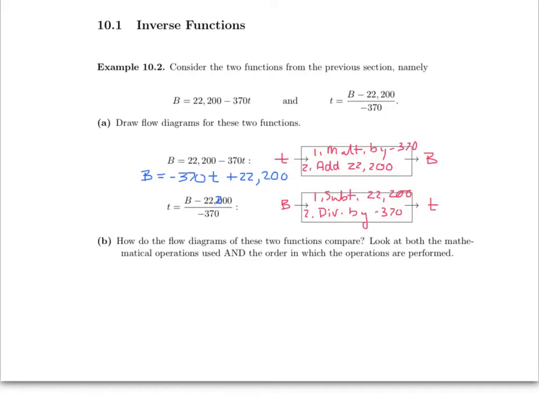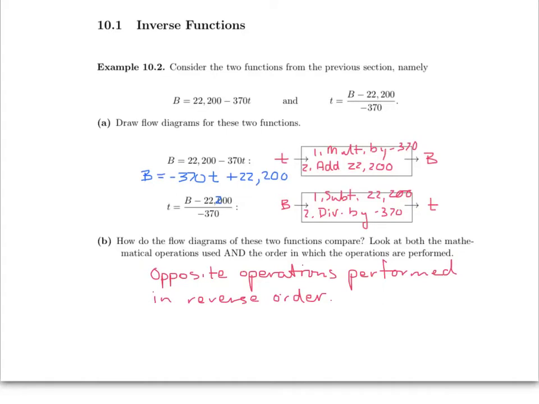So for these two functions, you have opposite operations, and these opposite operations are performed in reverse order.